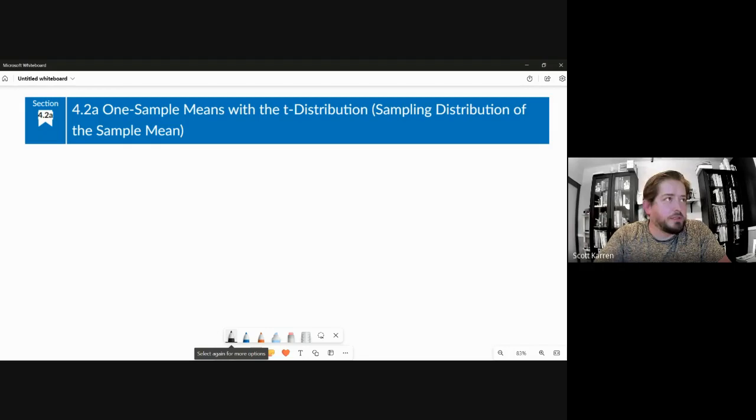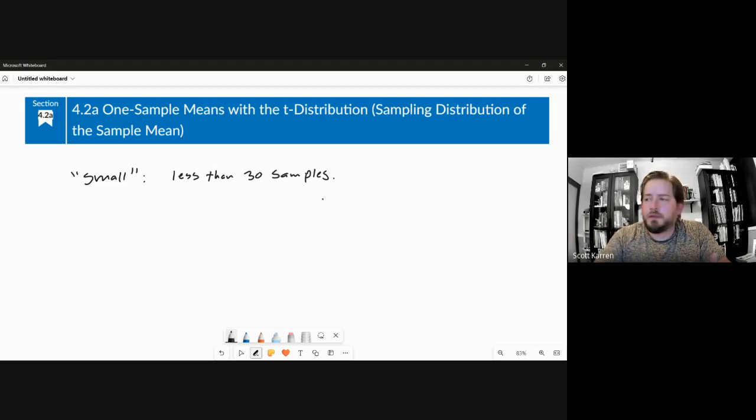And small here means less than 30. Right. If you have less than 30, you're most likely not going to fit those three criteria for your sample to be normal.